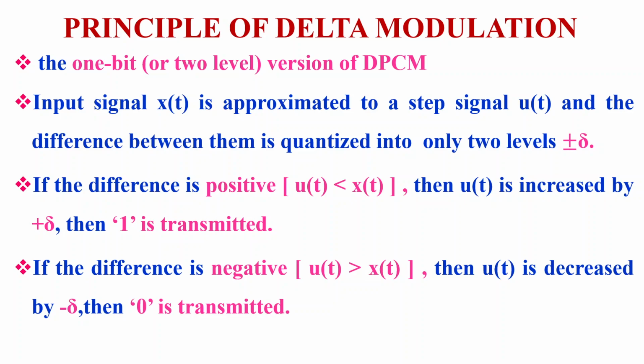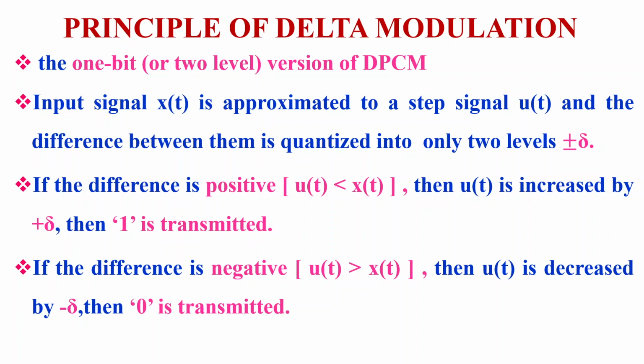So either 0 or 1 will be used to transmit the signal. Next, the input signal x of t is approximated to a staircase step signal u of t, and the difference between them is quantized into two levels, plus delta or minus delta.